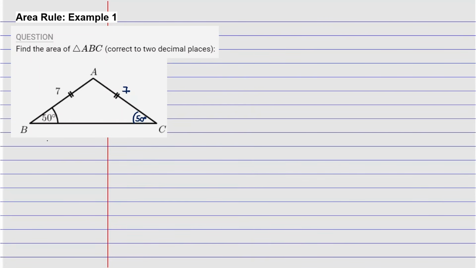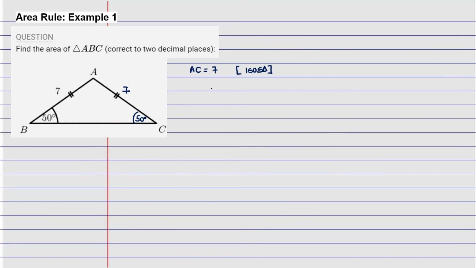Then what else do we know? We know the sum of angles in a triangle is equal to 180. So let's write what I just did. We know that B is equal to 7, and the reason is isosceles triangle. Even if you don't write the reason, to be honest, this is not the same as Euclidean geometry where your reasoning is important, but I'm writing it so that you can know why that is the case.